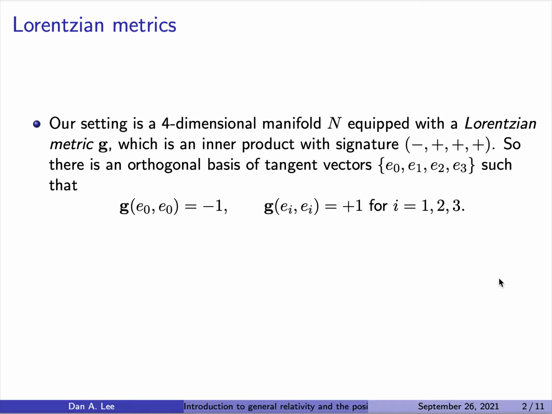So what that means in practice is that at every tangent space, we can find a basis of tangent vectors that are orthogonal to each other with the property that one of them, E0 in this case, has g of E0, E0 equal to -1, and the other E_i have g of E_i, E_i equal to +1.